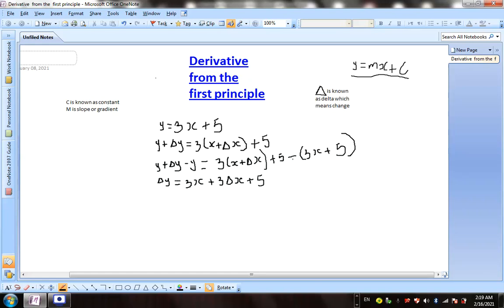Then the minus sign, use the minus sign to open this bracket. So you have minus 3x minus 5. Now dy is equal to, 3x is gone, 5 is gone, so we are left with 3dx.